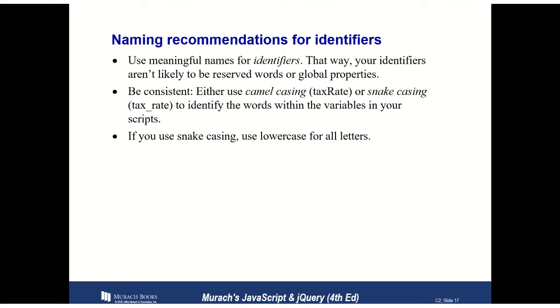So there can be hundreds, or for a big company, thousands of people who can read your code. So if you use meaningful identifiers, then it will be easier to maintain. You need to be consistent. Just like I said, either use camel casing or snake casing, and if you use snake casing, use lowercase for all letters.